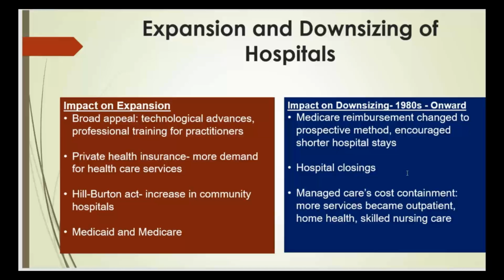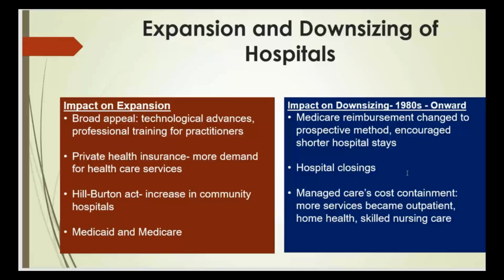Managed care expanded rapidly during the 1990s, emphasizing inpatient utilization controls and use of alternative delivery settings. So this is where we see this increase in the use of outpatient clinics, home health, and nursing homes. Such measures have had a tremendous impact on the downsizing of individual hospitals.